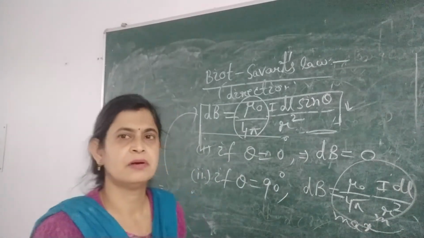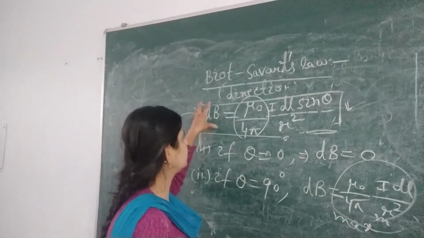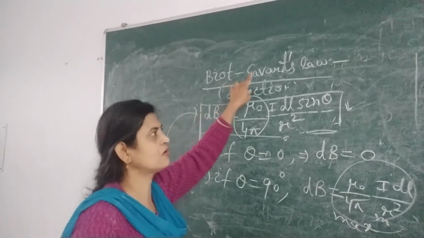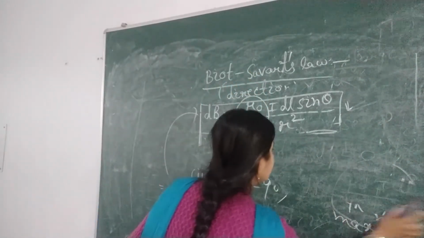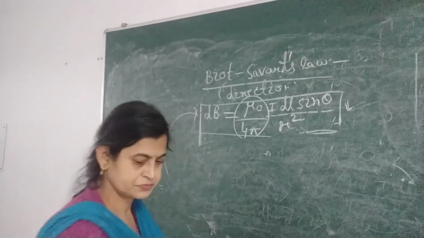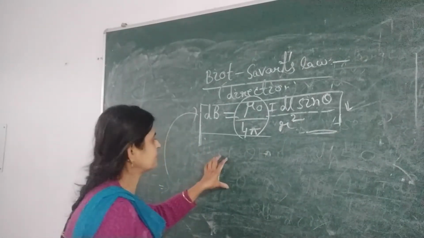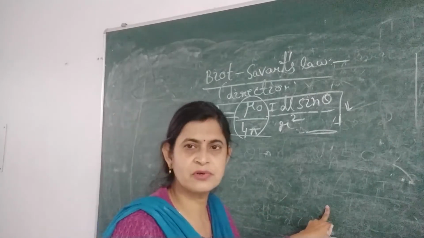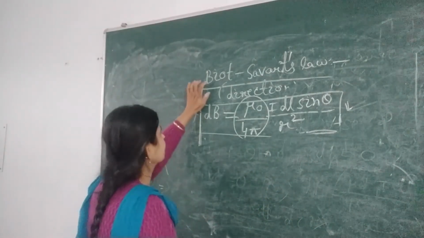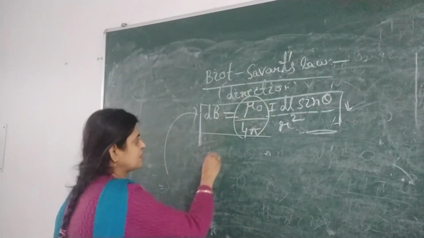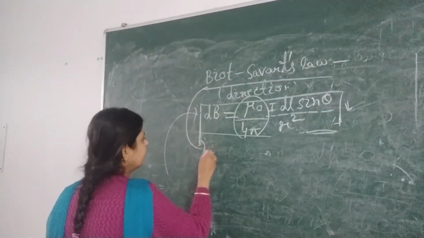Now, if we want to express Biot-Savart's law in vector form, how can we write it down? Because by using the right hand thumb rule, we can also find out the direction of the magnetic field. So Biot-Savart's law can be expressed in vector form.